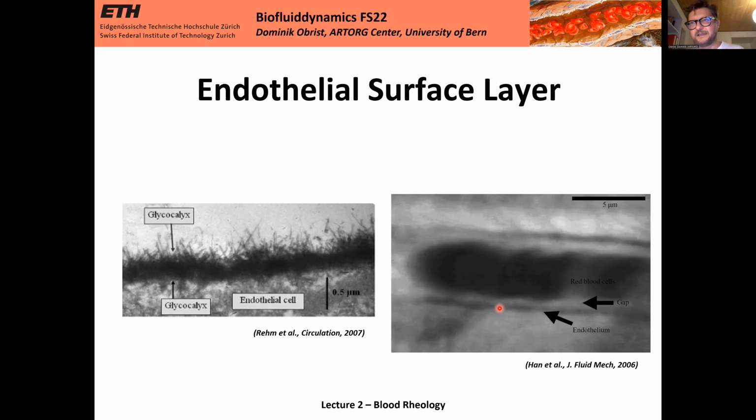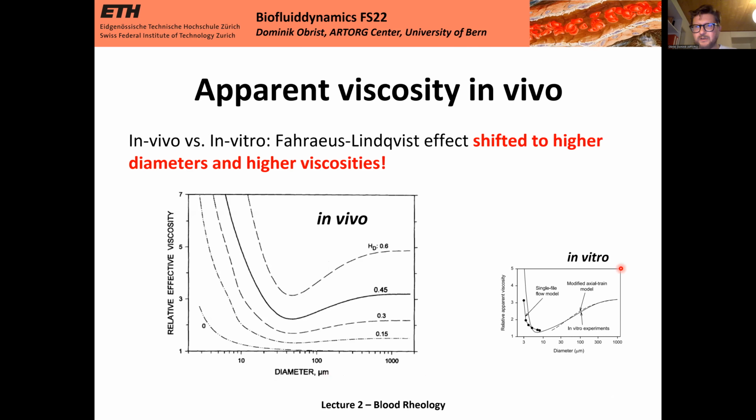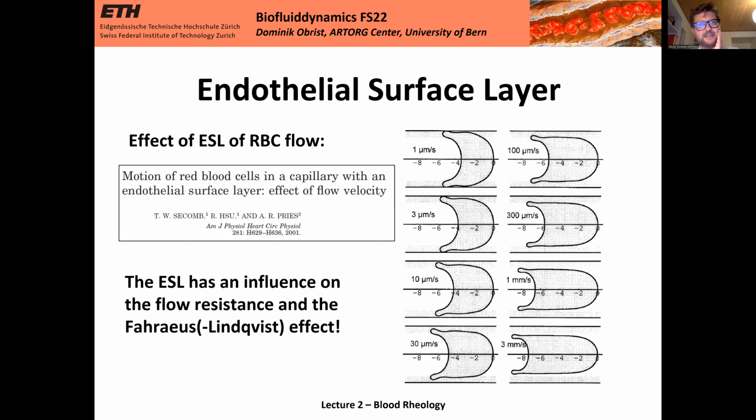And that's the majority of the explanation for these differences between in vivo and in vitro Fahraeus-Lindqvist effect. But there's even more to this. To this end, it's important to understand that the glycocalyx, or the endothelial surface layer, is not just a solid layer reducing the lumen of the vessel, but it's actually a flexible layer.